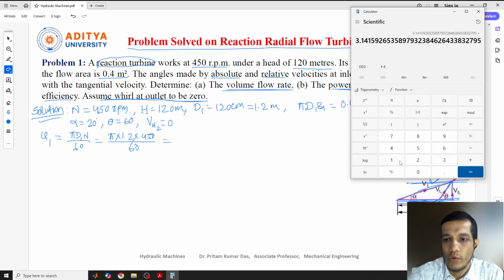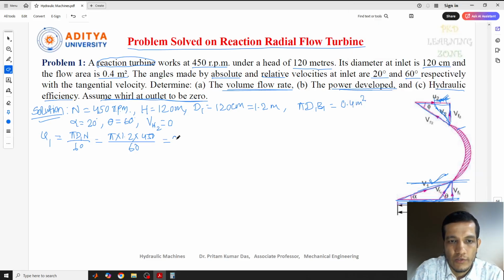Pi into 1.2 into 450 divided by 60, we get 28.27 meter per second. So I have calculated the tangential velocity for the inlet condition.